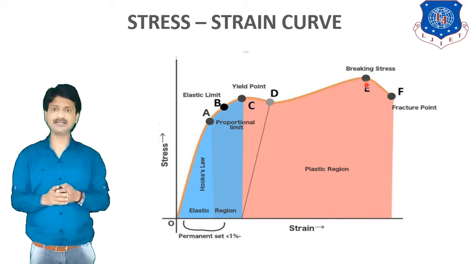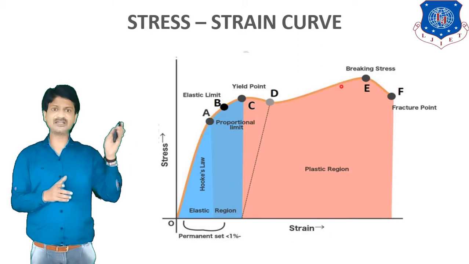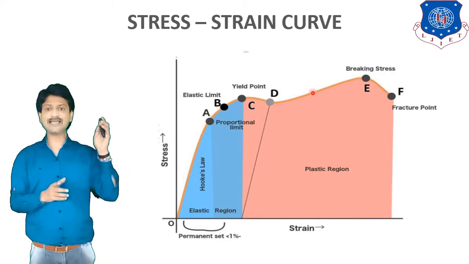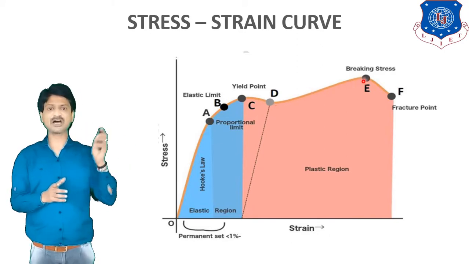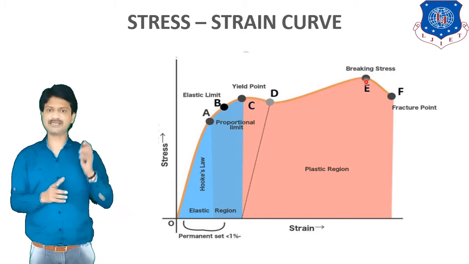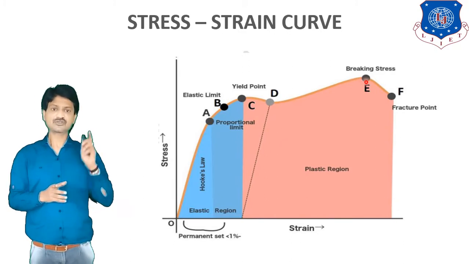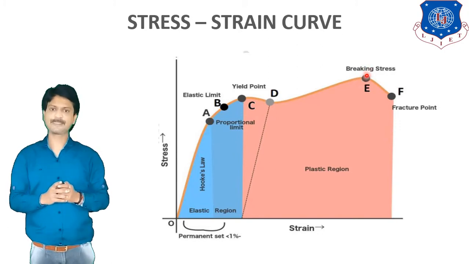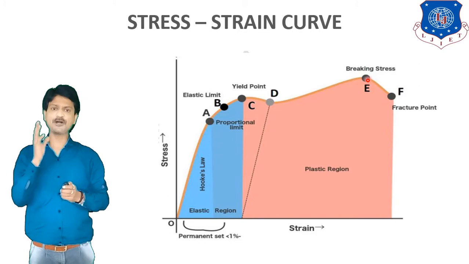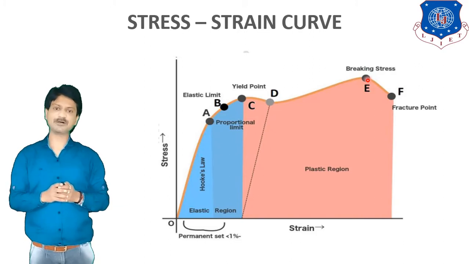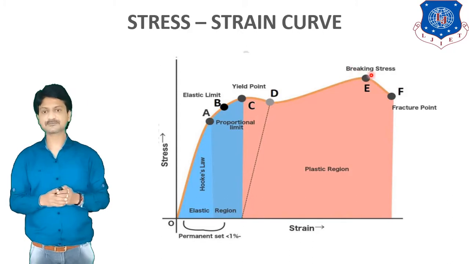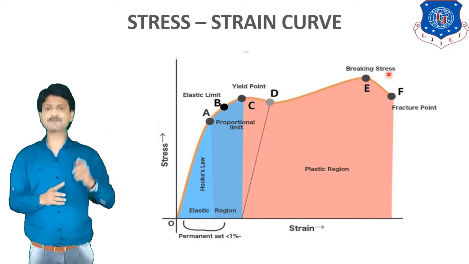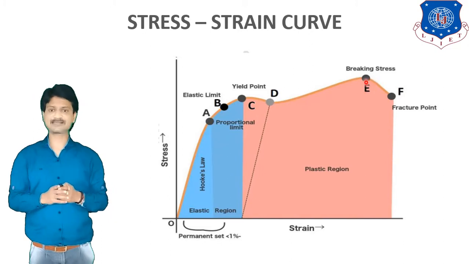Keep in mind that after point D, by increasing the load beyond the yielding point, the stress-strain curve rises till point E is reached. The stress corresponding to this point is maximum and it is also known as ultimate stress, because at this point the stress is maximum.